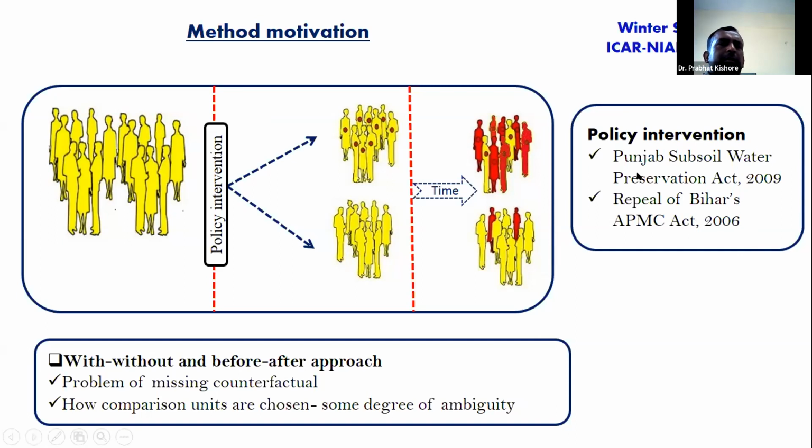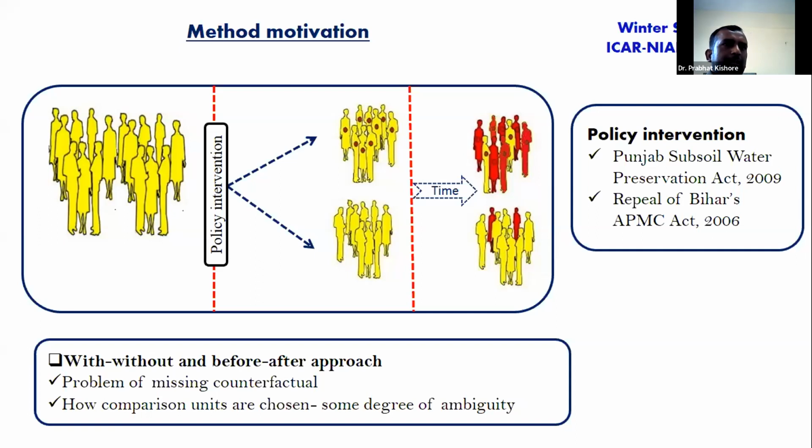So here also you see Bihar is a single treated unit, and we want to know the impact of this type of enactment, or this type of intervention, on some particular variable. For the first case, it was the impact on groundwater level. In the second case, maybe on agricultural GDP, prices and all.